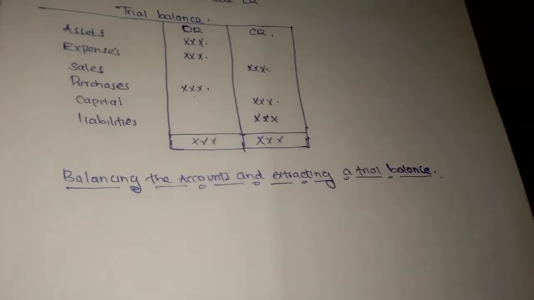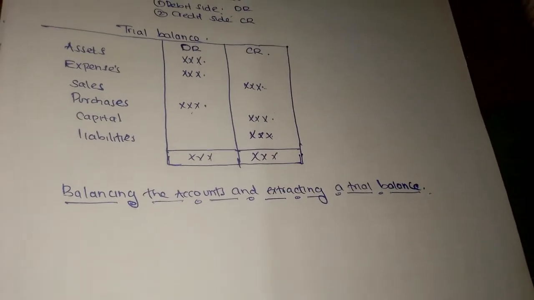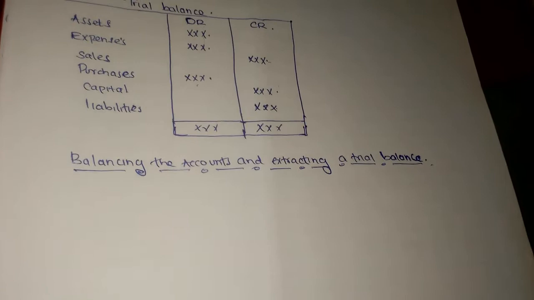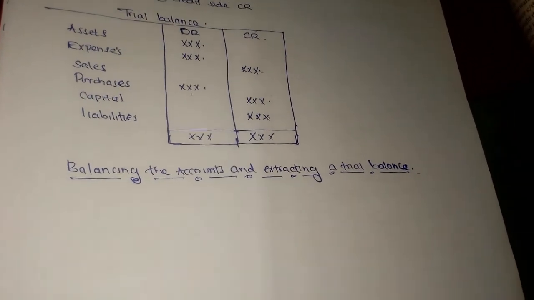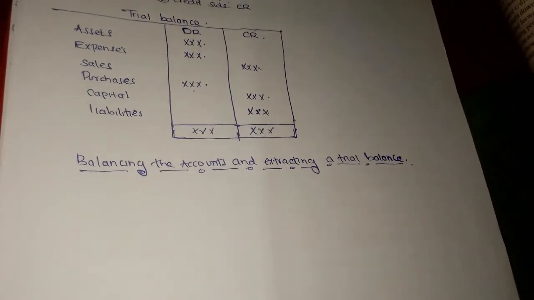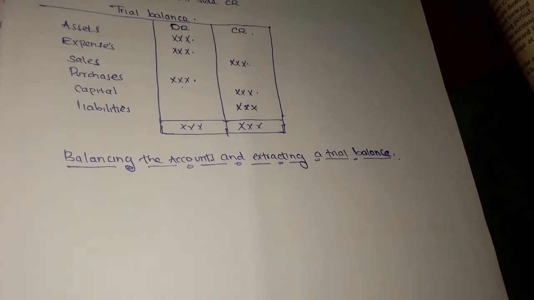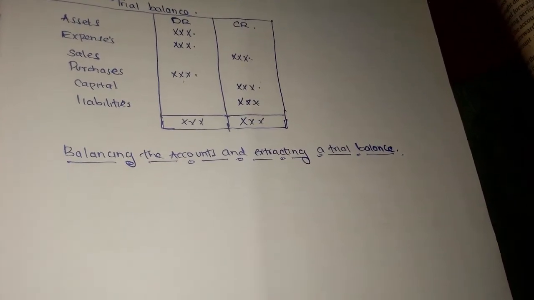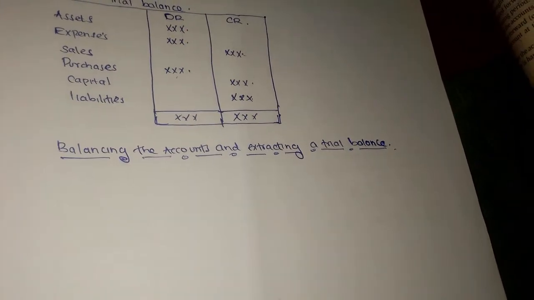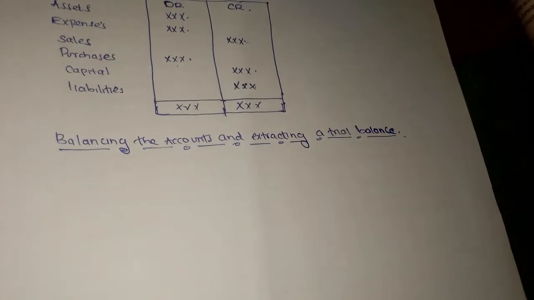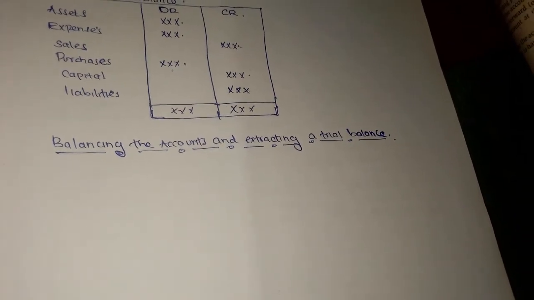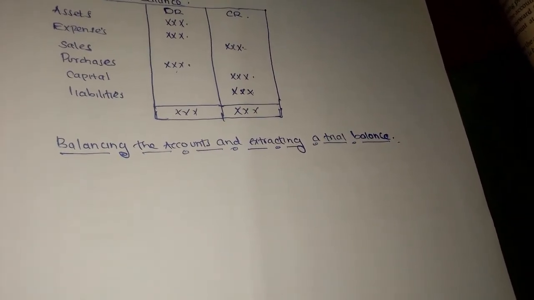So we're going to balance the accounts and extract a trial balance. Mr. Kanyikini had the following transactions for the month ended 31st December 2004. Question 1, started a business with a cheque of 20,000, meaning what?